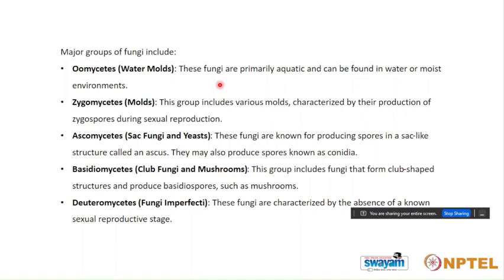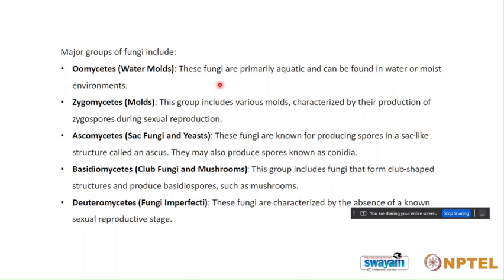And zygomycetes: usually zygospores are produced during sexual reproduction. Ascomycetes refers to the sac-like structure of fungi and yeast. These ascomycetes are capable of producing spores called conidia.